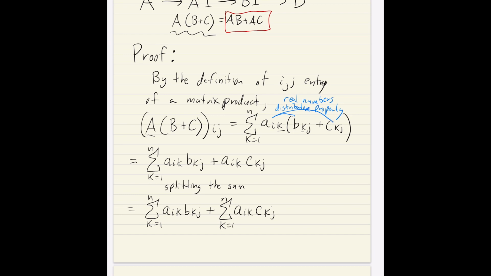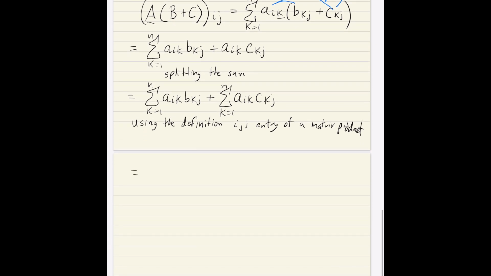And we should recognize that by using the definition. We can repeat it again here using the definition of the ij entry of a matrix product. This is really the same thing as (AB)_ij plus (AC)_ij.